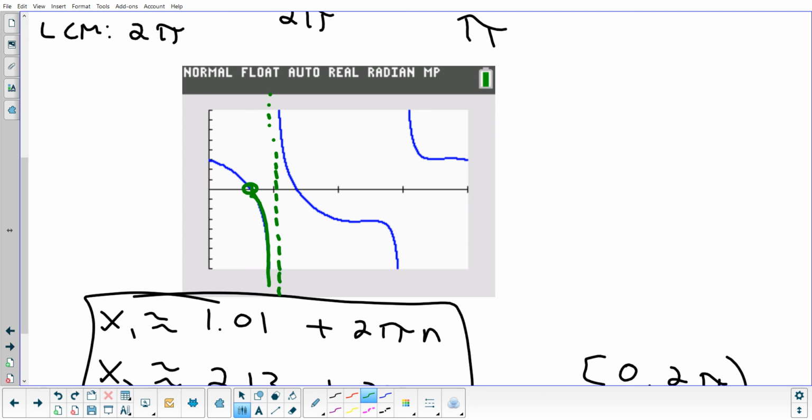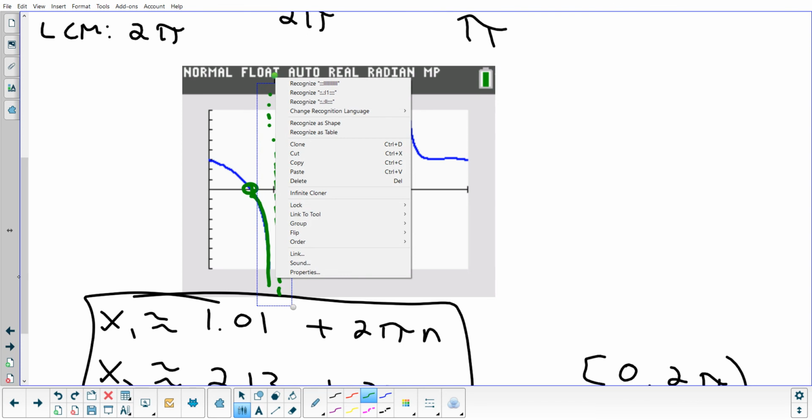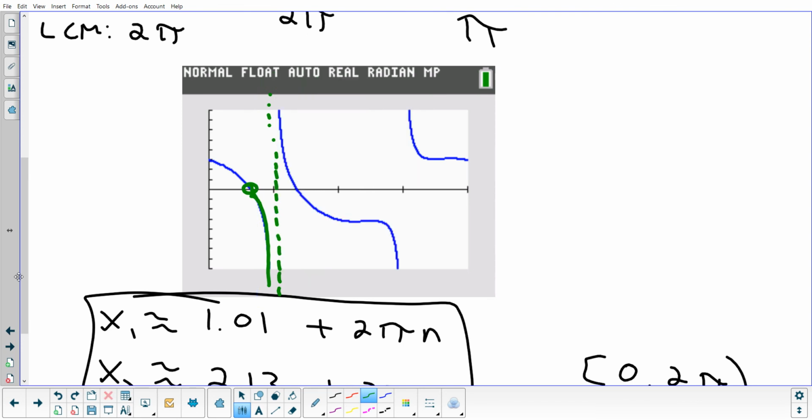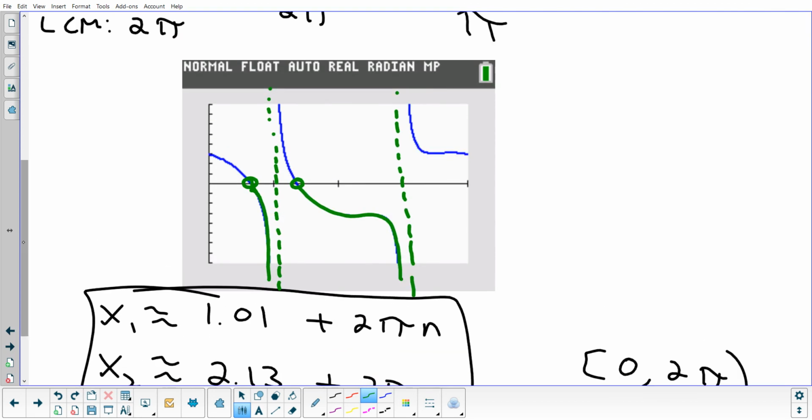That section starts at this point, which I could find on the calculator. In fact, I did. It's 1.01. And it ends at the asymptote. That asymptote breaks that interval. And then it starts again, and it's below the x-axis again from 2.13 up to that asymptote, and then the asymptote breaks it again. Okay, so the asymptote stops your interval. Okay.